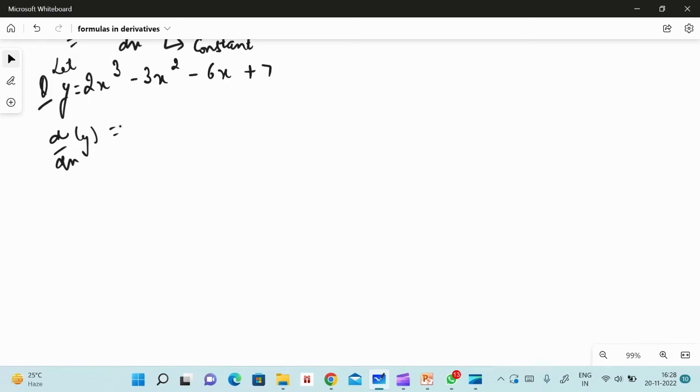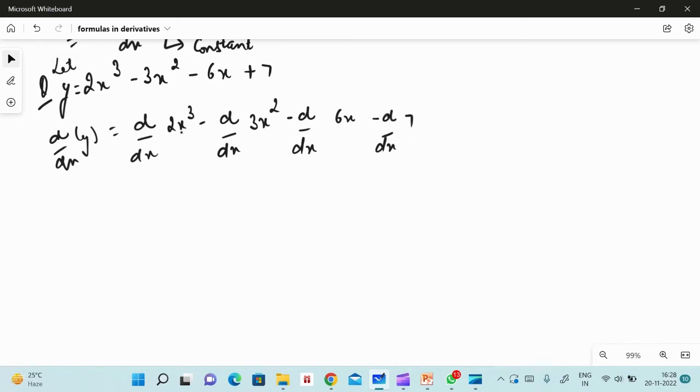And what we have on the right hand side is 2x cube and minus 3x square. So I will take a different derivative for every term: d by dx of 2x cube, minus d by dx of 3x square, minus d by dx of 6x, minus d by dx of 7.